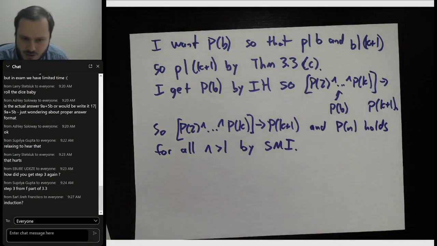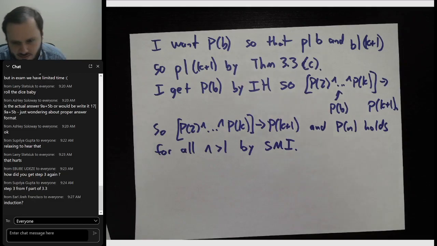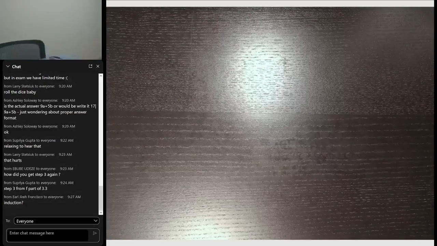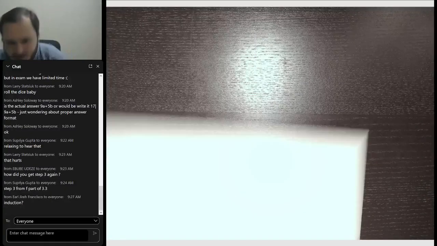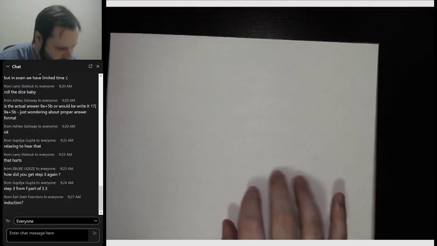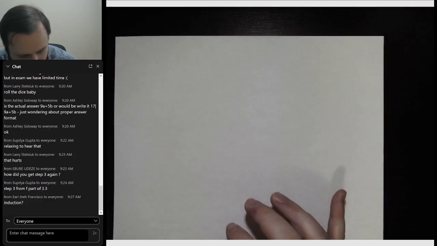So any integer you know has some prime that divides it. And we can actually do a similar proof. Oops, ran out of paper. By a similar proof, we can actually prove a little bit stronger.